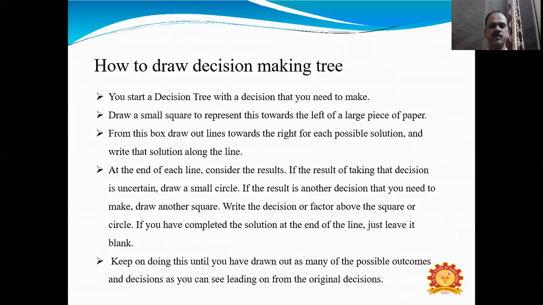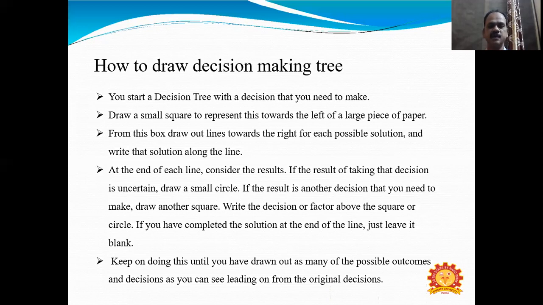The end of the line is nothing but the leaf node. I already told you about the leaf node. The leaf node always produces the resulting value, which we also call the outcome. If the result of taking the decision is uncertain, draw a small circle.